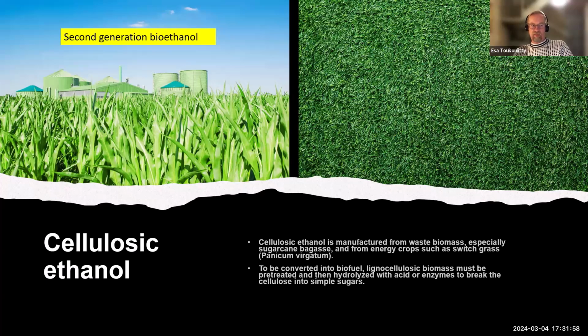That's the name of the molecule or the chemical. It's totally the same if it's from grain or regular sugar, or if it's based on cellulosic material. This picture is maybe not the most representative one, but I couldn't easily find better.